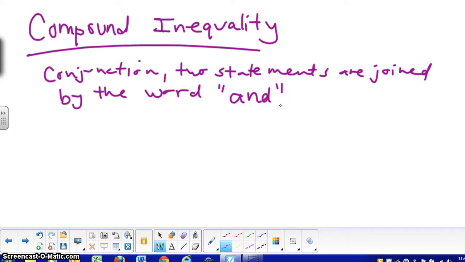When you see anything joined by the word and, it is considered a compound statement, and you can write it like this. This is just an example: -2 < x + 2 < 8.